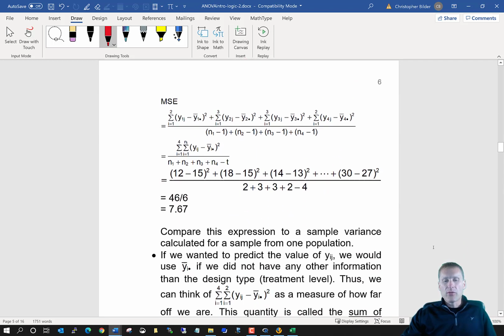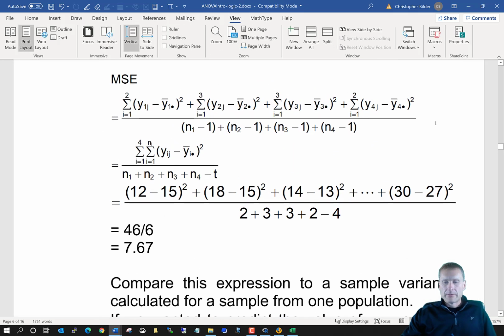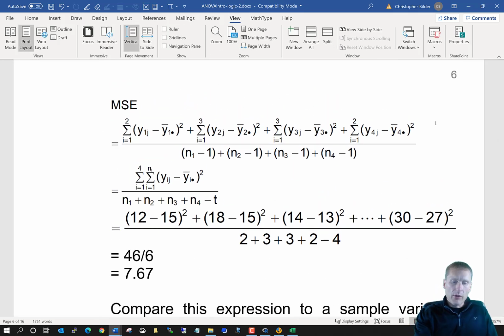So here's the actual formal expression. Let me make this a little bit bigger here. Okay, so we have a sample size 2 for design type 1. And what we're going to do is we're going to take each of those y values, subtract off its mean, square it. So this is for design 1. For design 2, we're going to do exactly the same thing.